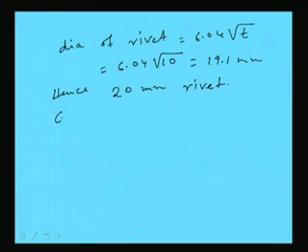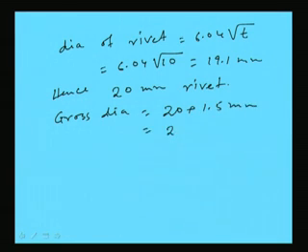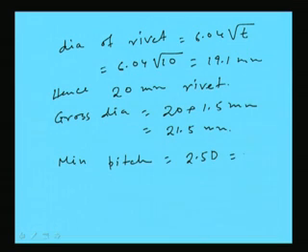Now, the gross diameter will be 20 plus 1.5 mm. So, this will become 21.5 mm. Now, minimum pitch, let us find out. Minimum pitch which we need to provide is 2.5 D. So, 2.5 into 21.5.